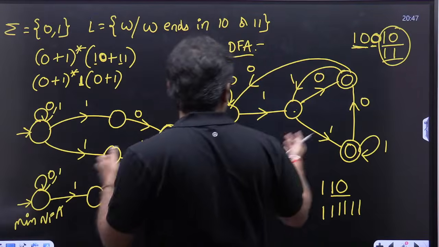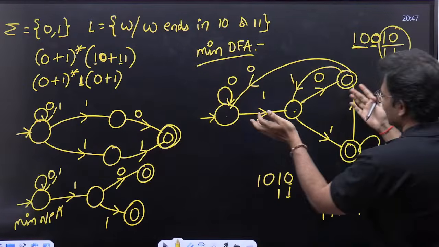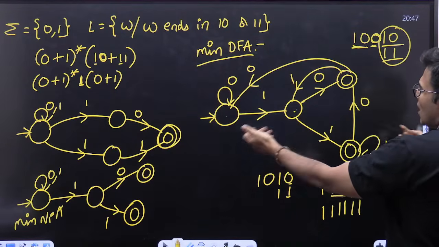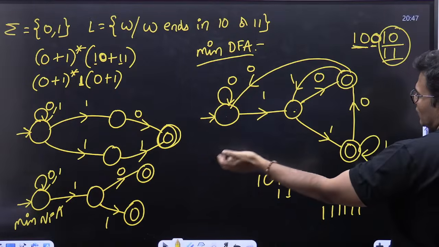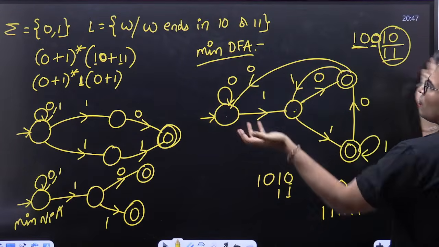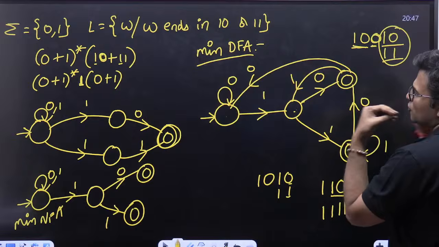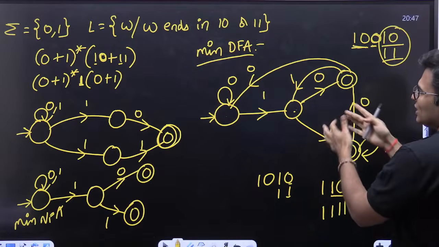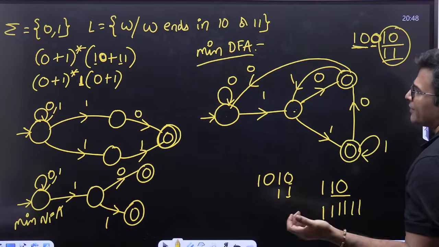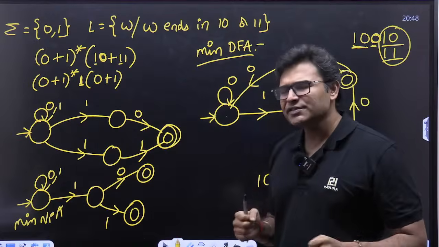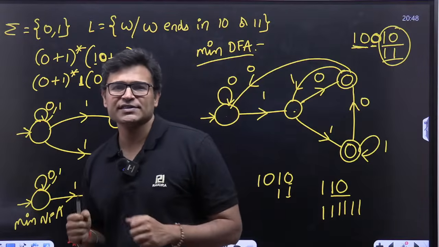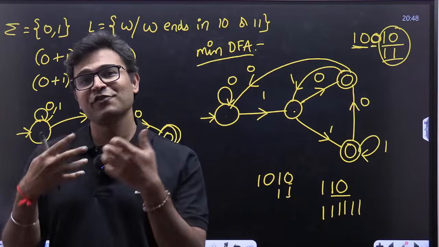Now you can extend this question to any longer one. You can say ending with 100, 101, ending with 111, or there are n number of questions possible. Once you have solved this model, you can solve any model using the logic I have applied. So we are building concepts, guys. We are not solving just questions. Every question explains a different way of thinking.